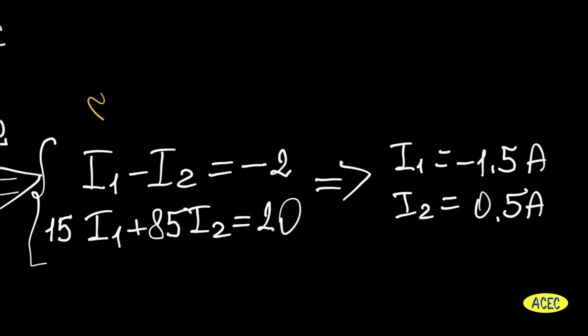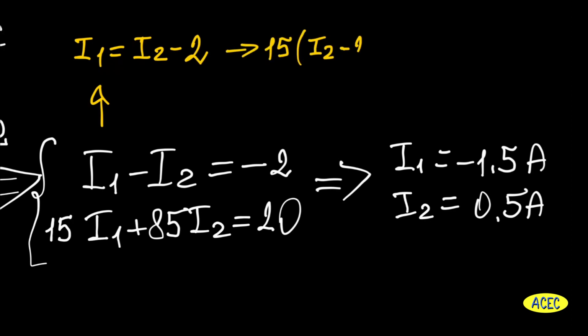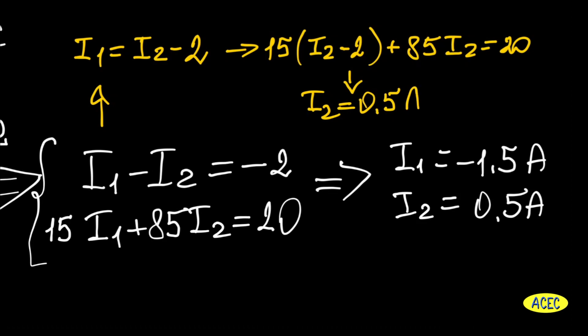Just need to find I1 from the first equation, then put it into the second equation, find the second current, and then find the first current.